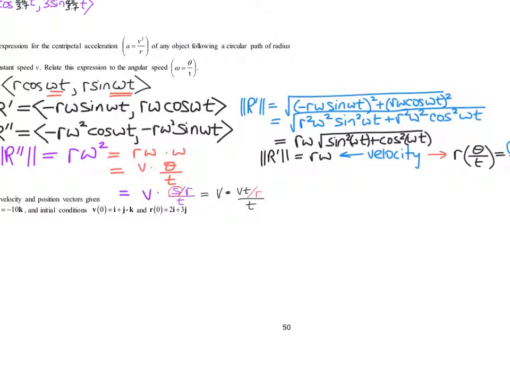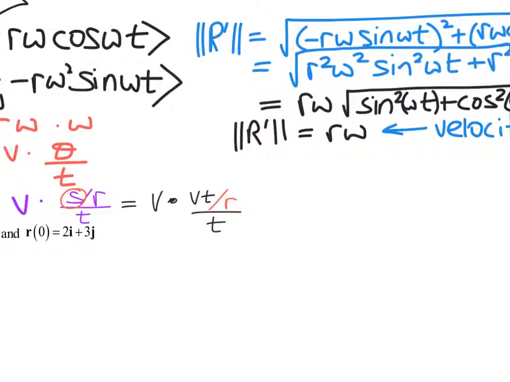All right, and again, that's only because we know that S represents distance. If speed equals distance over time, then you take the speed and multiply it by time, or velocity multiplied by time, and that's equal to the distance. When we clean this up algebraically, we get v squared t over r over t.